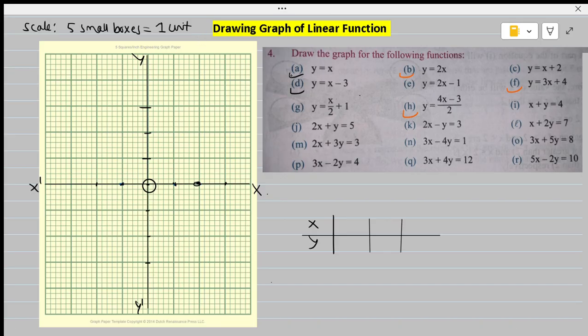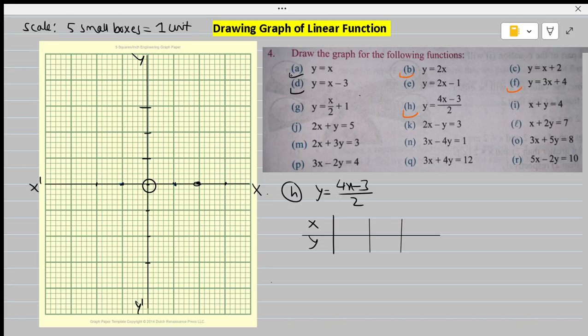So for this one, we have y equal to (4x minus 3) divided by 2. Now you have to choose a value of x so that the number will be divisible by 2. In the process 4x minus 3, the result should be divisible by 2 to turn out a whole number, so you have to take caution.